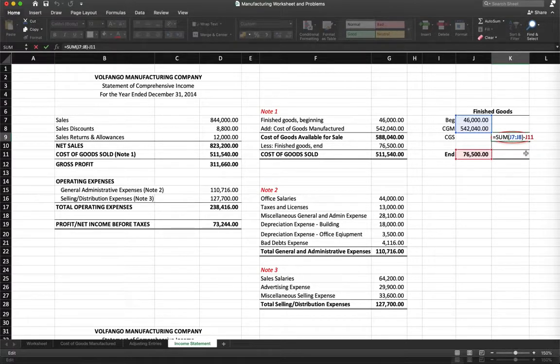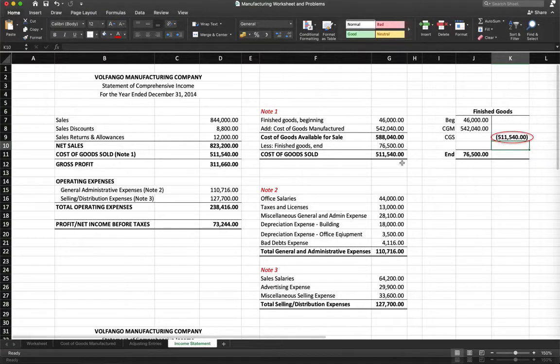So if you want to work back to compute for the cost of goods sold, mag-start ka sa ending balance, less CGM, cost of goods manufactured, less beginning balance. Yan yung 511,540. Yan din yon. Okay? Pwede din naman, hindi ka mag-work back. Start ka dun sa dalawa.